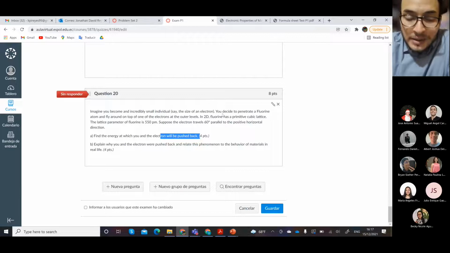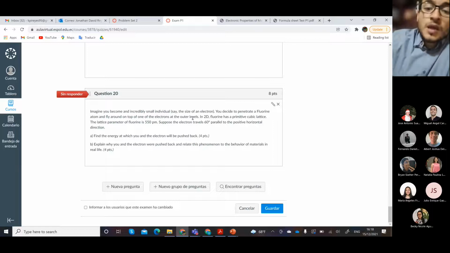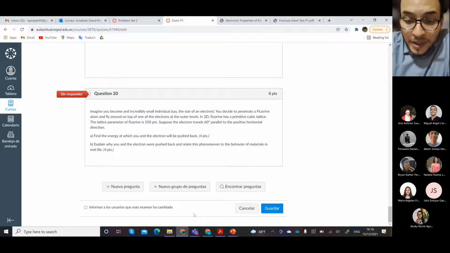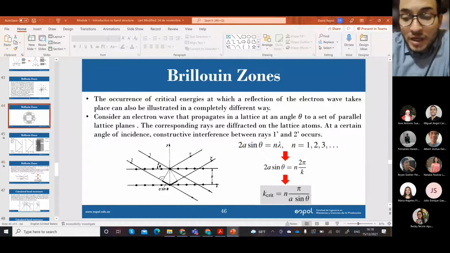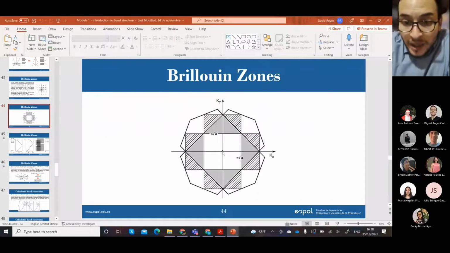And this is the interesting part of the question, right? If you're an electron flying at the outer levels, remember, I explained that with this. That's the meaning of a Brillouin zone. The electron is traveling here, and boom, it's like a barrier there.